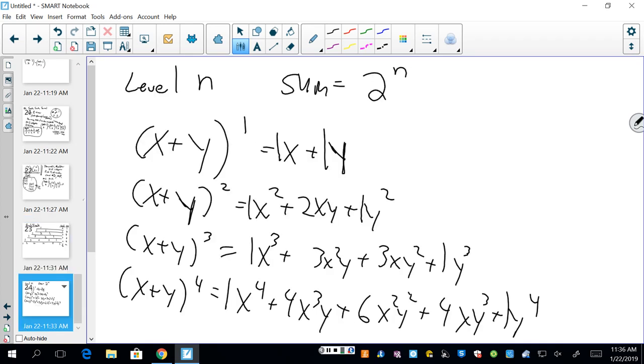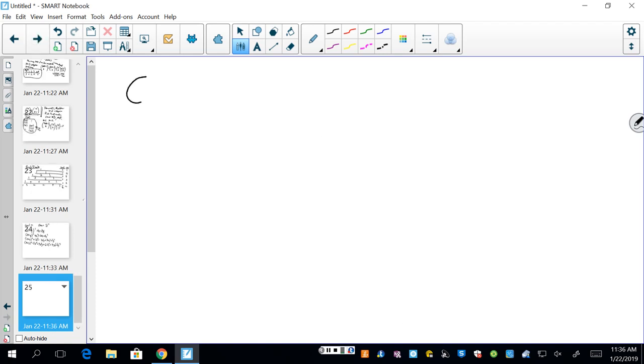What are these coefficients? What's another way of looking at those coefficients? What happens as we take x plus y up to some power?